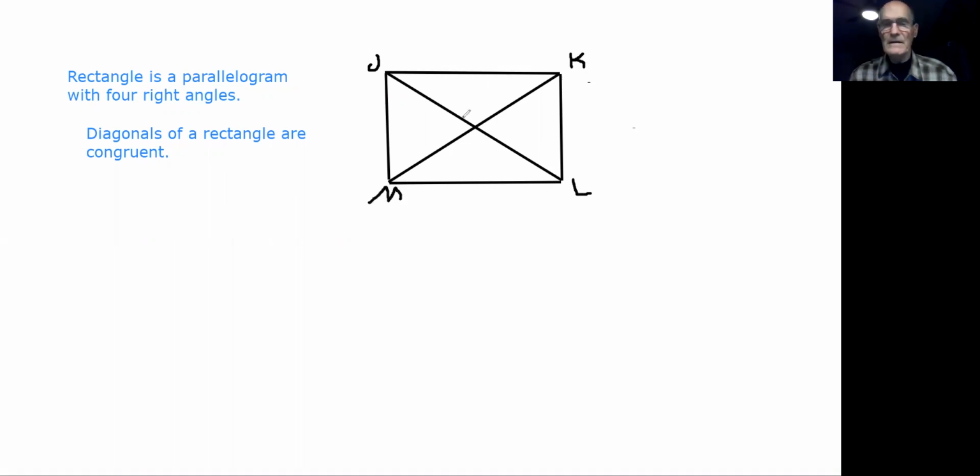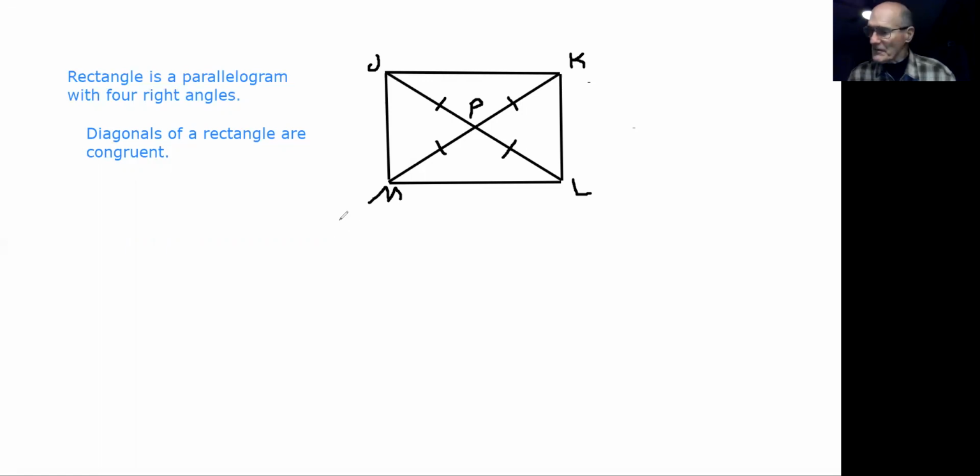And then we'll put P in the middle here. What you know here is, since the diagonals are congruent, JP is equal to PL, which is equal to PK, which is equal to MP.